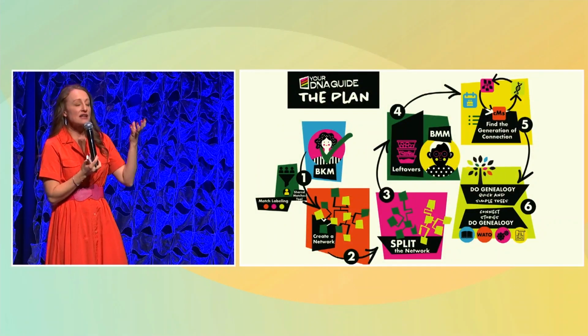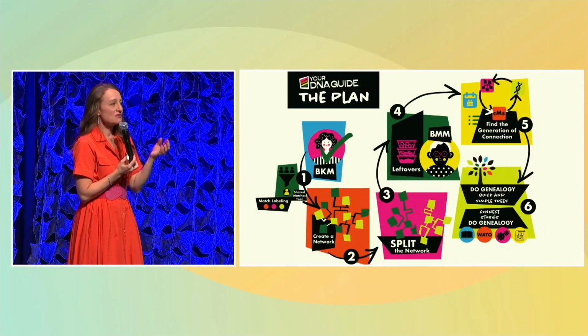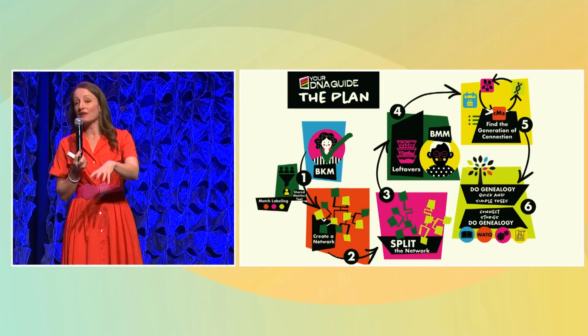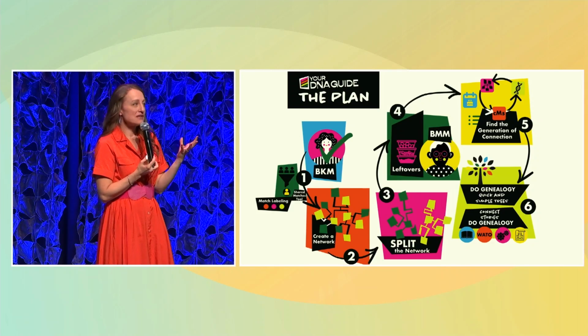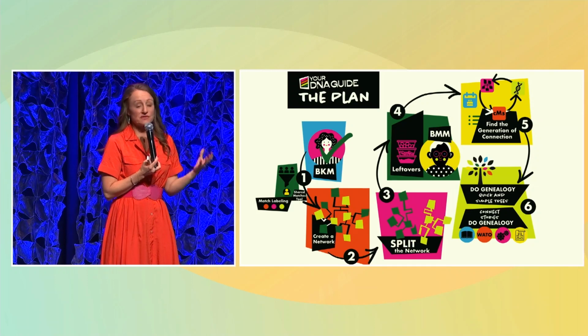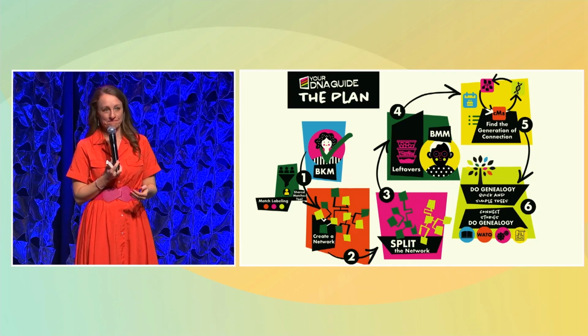And then you move on and you handle those leftovers, those best mystery matches. You get into each one and find their generation of connection. You build out their family tree if you need to. And you determine how these matches are related to each other. Once you've determined that, you can then figure out how you're related to them.